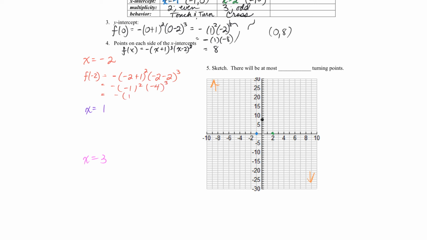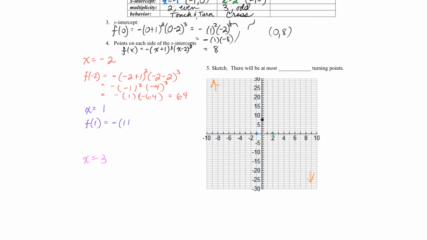So the opposite of 1 times negative 64, well, that's going to be equal to positive 64, which is off the graph, right? So it is somewhere way up here, right? Which fits because we said it was going to be rising to the left, right? So I'm not going to plot that point, but it's going to be good information for me to know that it's really going to be up here, up high, somewhere up here.